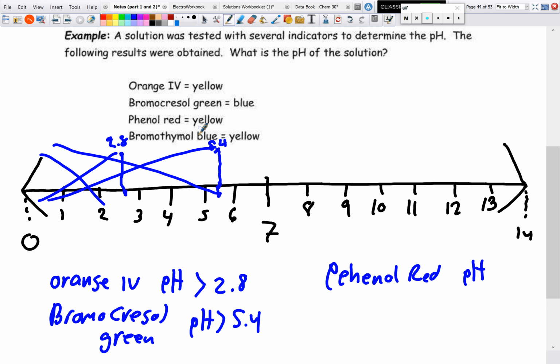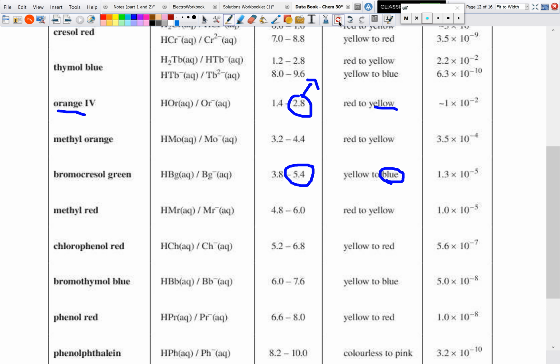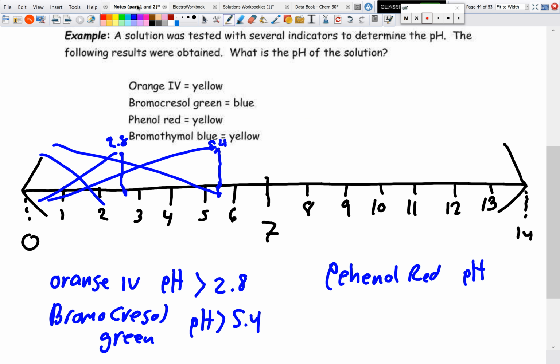Now our next one, our phenol red. We see a yellow color. So we go back, we figure out what does phenol red mean. So we find our phenol red, which is down here, and it says that is yellow. So yellow is right here, meaning that it is below 6.6. So it cannot be above 6.6. So we're going to go back, and if we had our 6.6 is here, and we need to be below that, that means that all of this area up here, the solution cannot be in that.